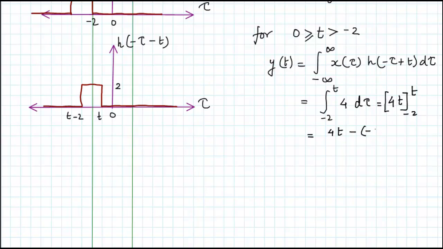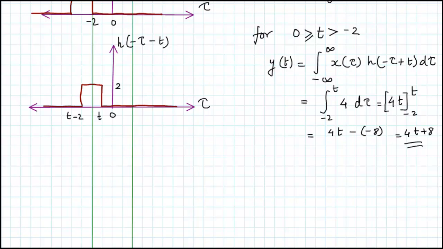So -8, which will be basically +8. So y of t is going to be 4t plus 8. That is going to be the equation of y of t for the time period between 0 to -2. Okay.